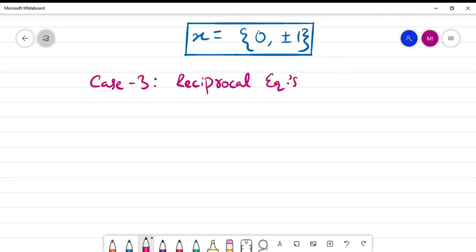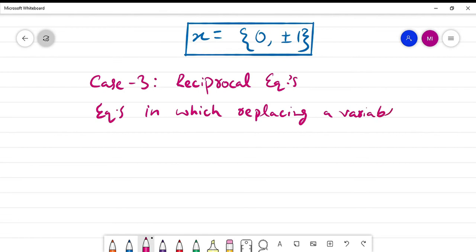Well, reciprocal equations are the equations in which replacing a variable by its reciprocal doesn't change the equation.